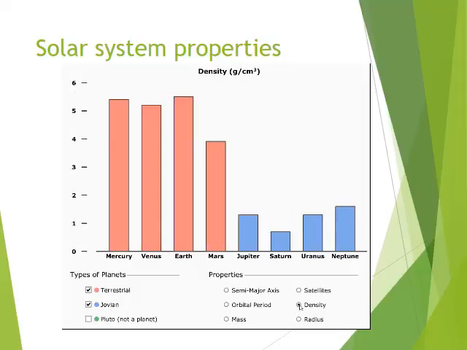Density. Now, we already talked about mass, but one thing you have to understand is that density is mass divided by volume. So even though we saw that the inner planets are not very massive, they are relatively massive for their size. And that's because of the stuff they're made of. Remember that the inner planets formed where only metals and silicates could be used as building material.